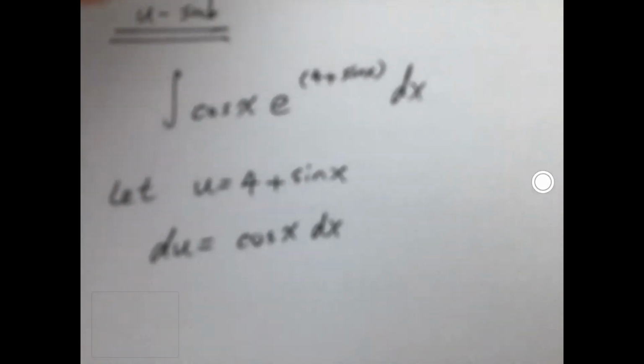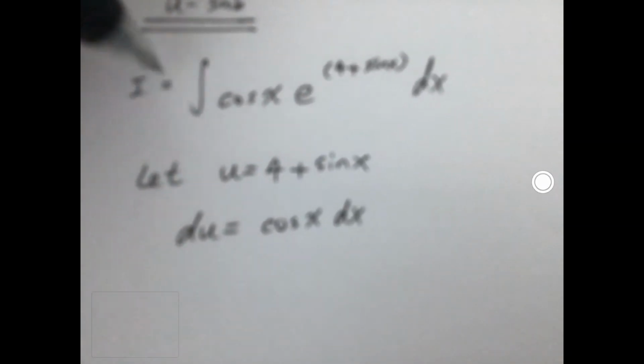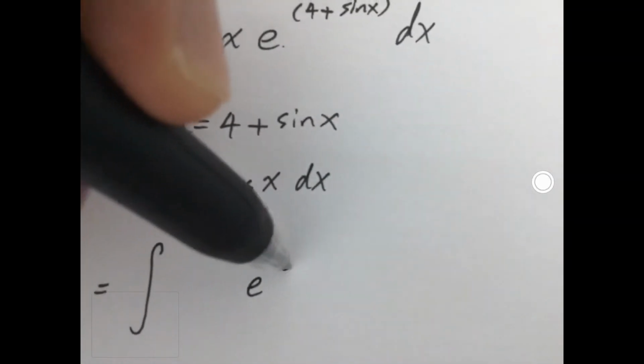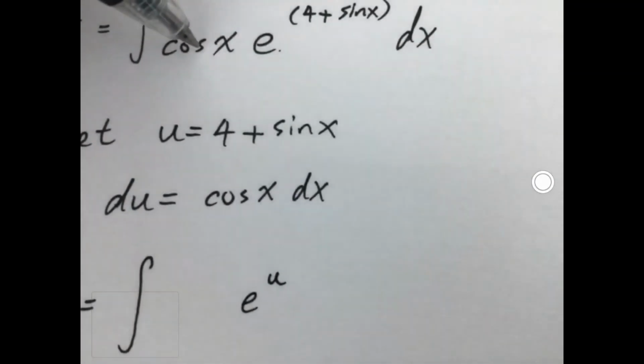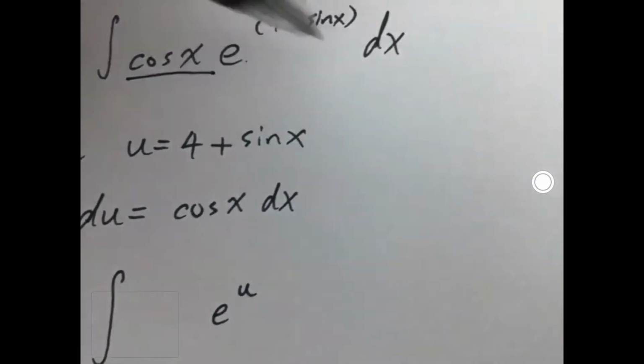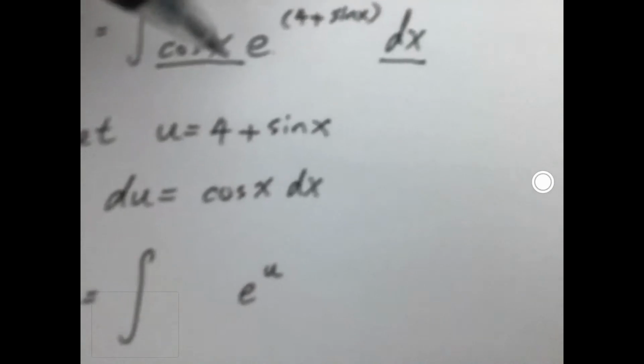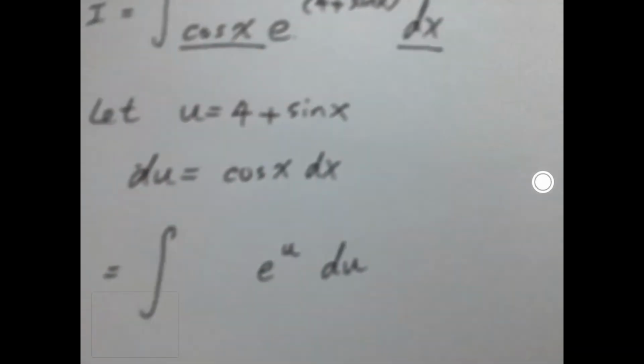And then by doing that, we could sub for u. So then our new integration would be e to the u power, where u replaces 4 plus sine x, and we notice that cosine x dx would be equal to du.